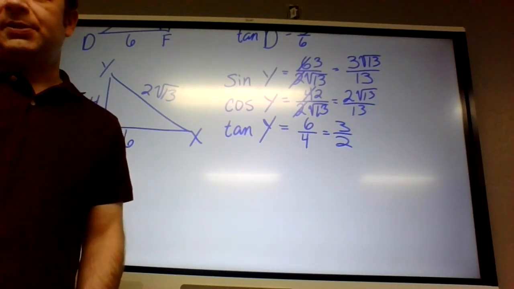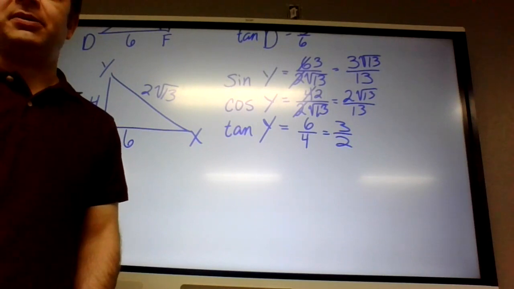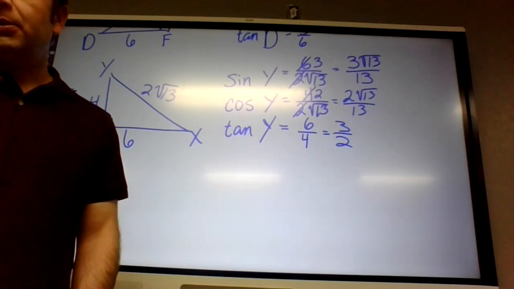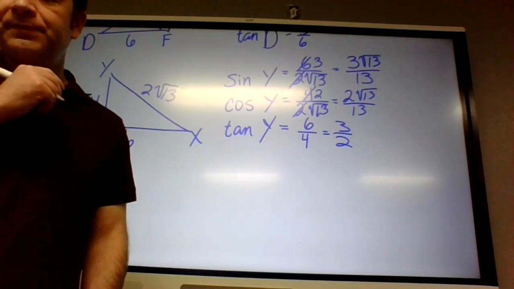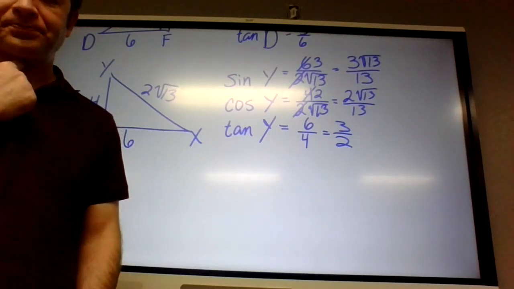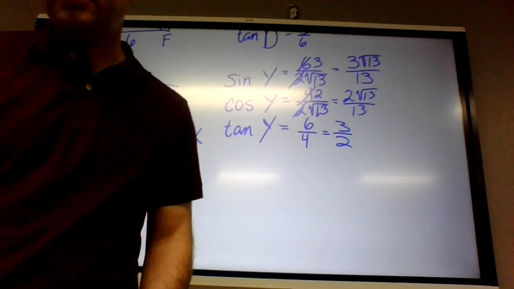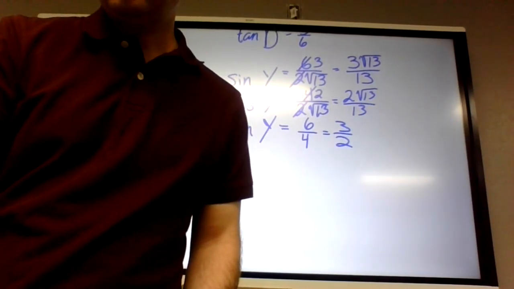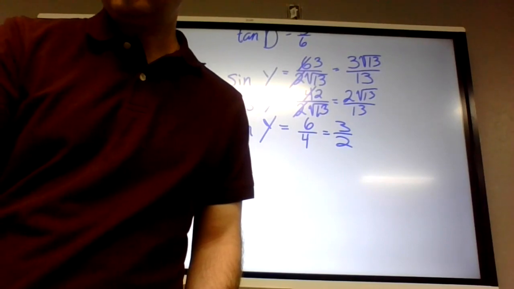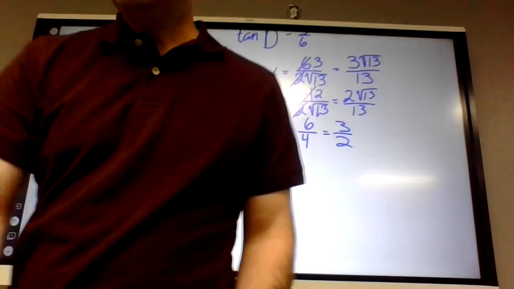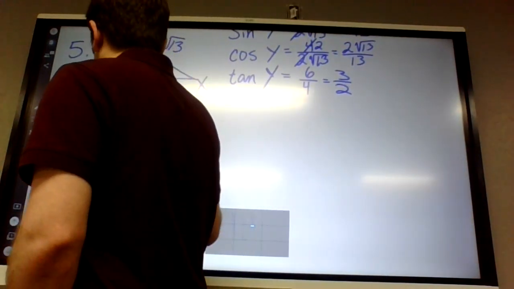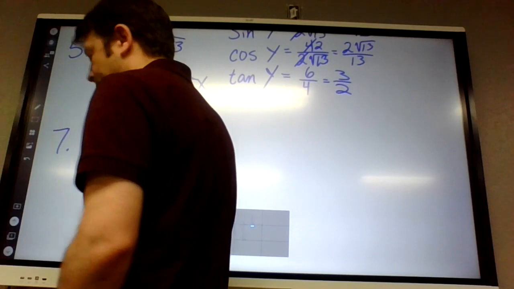Okay, so number 7, does everybody have a calculator? Because 7 can only be done with the calculator. Actually, we kind of need to start by solving the missing parts of this triangle.